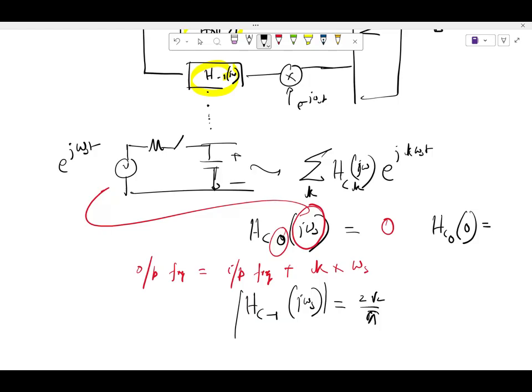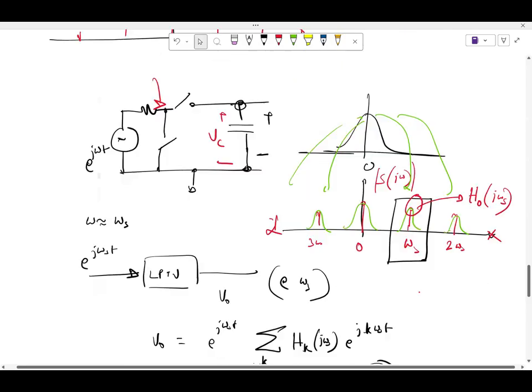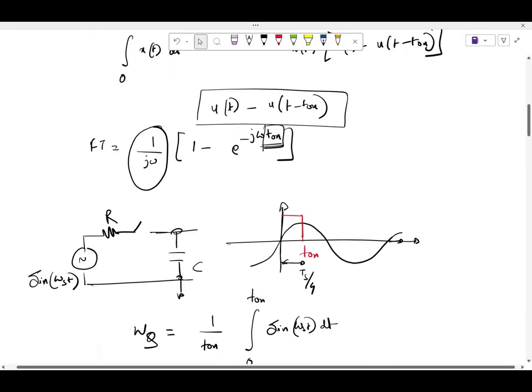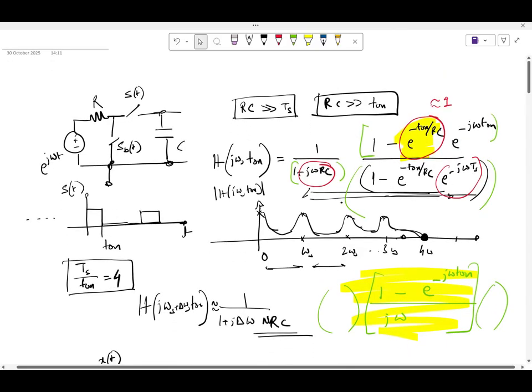So what will this HC0 at 0 be? 1. Right? It should come out from this only. I mean, it's not rocket science, right? So in this expression, if you put omega equal to 0, these two will tend to 1, right? Limiting value tends to 1, you are going to get 1. Isn't it?